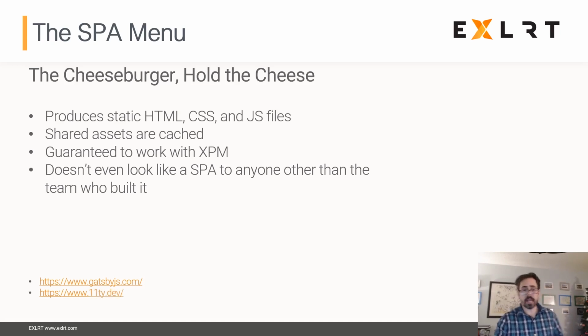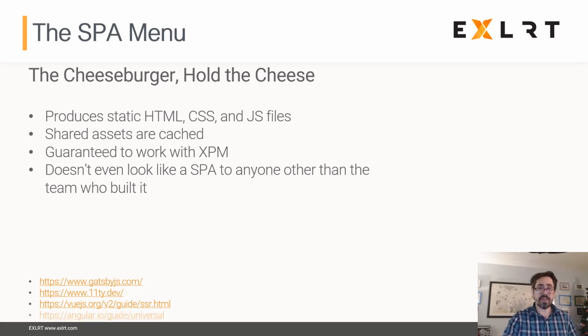And while Gatsby is the most popular approach, there's other ones like 11ty, which is more agnostic with how it gets its data. But there's also even Vue.js. Vue.js has server-side rendering options, but you can also use Vue.js to render fully compiled pages.